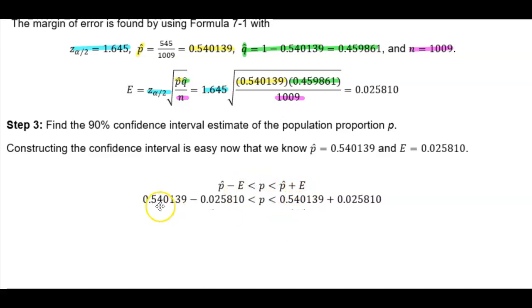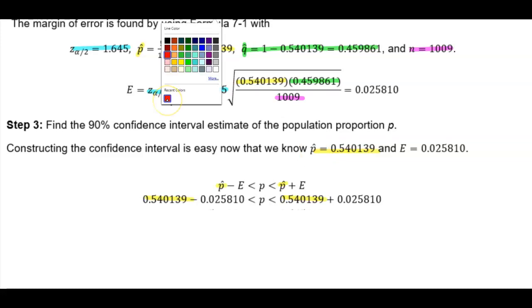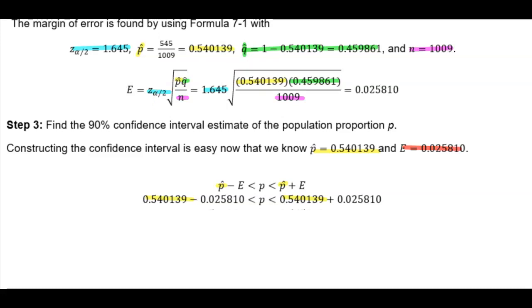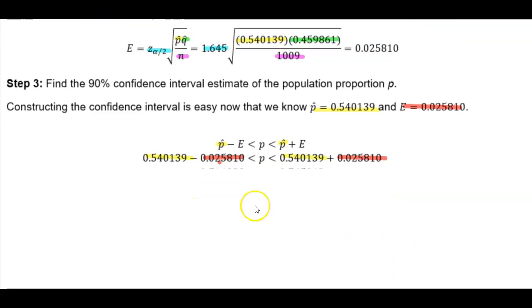So we have 0.540139 minus 0.025810 and 0.540139 plus 0.025810.